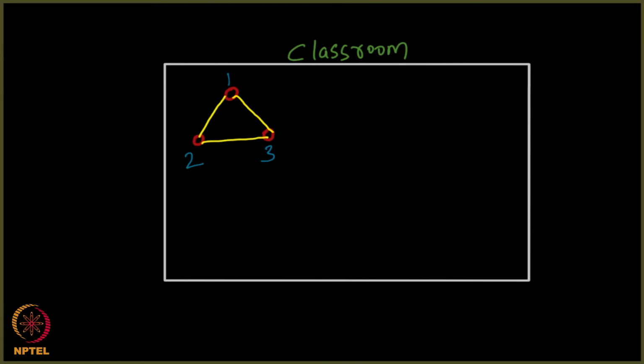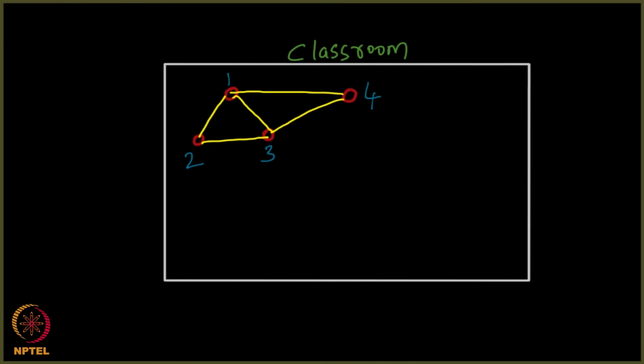So a fourth person comes, and he tries making friends with two of the existing people. Which means he makes friends with, let's say, 1 and 3. Now wait a minute.